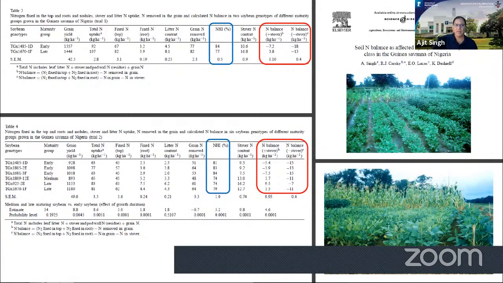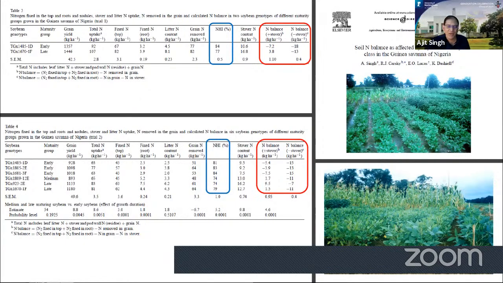Look at the amount of nitrogen fixed here, up to 67 to 82 kg nitrogen. The other ones here, 43, 57, 45, are quite high too, with nitrogen fixation up to 70 to 80%. We have litter as well, and look at the amount of nitrogen being removed, 77, 82 kg.